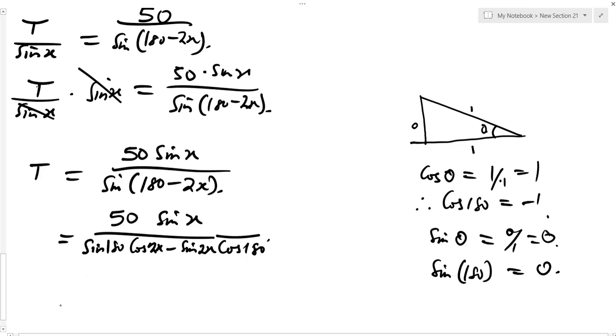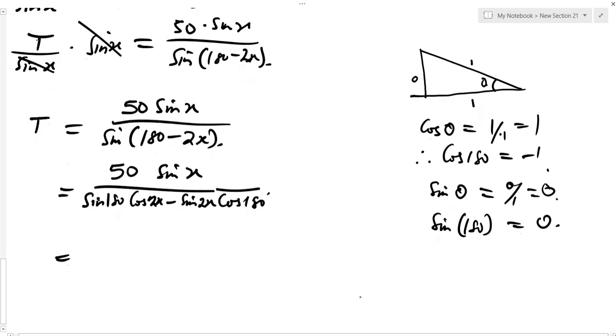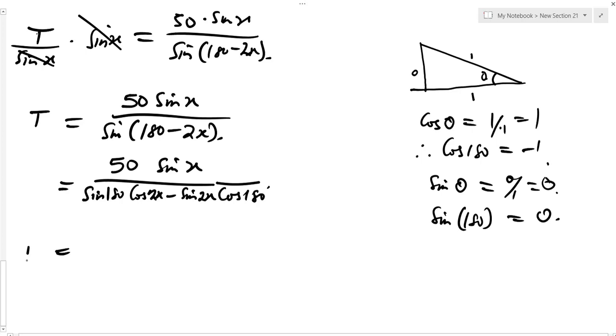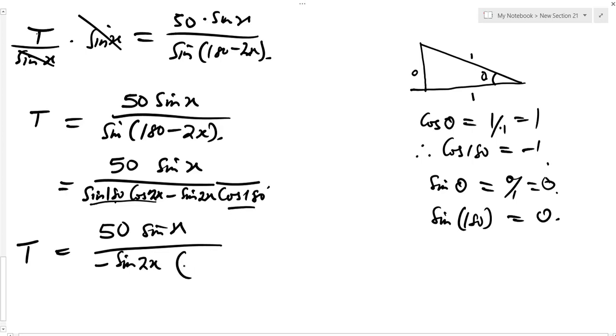So now the expression for this tension will be reduced to this form: 50 times sine x. You have this sine 180 is 0, so the whole of this will be 0. You have minus sine 2x times minus 1, because cos 180 is minus 1.